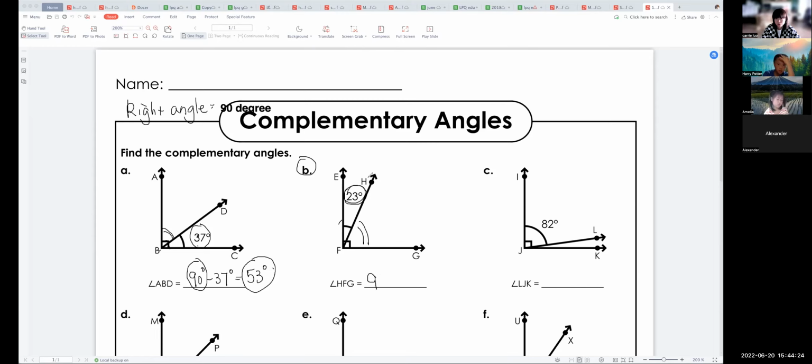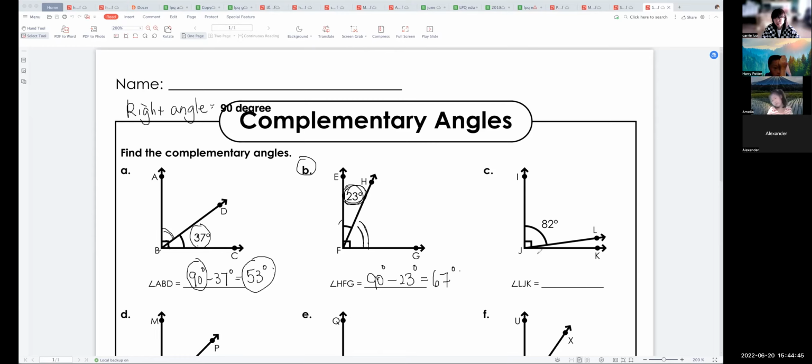Because HFG is a right angle, 90 degrees, and this one is 23, the left part will be 90 minus 23 degrees equals 67 degrees. Very good.